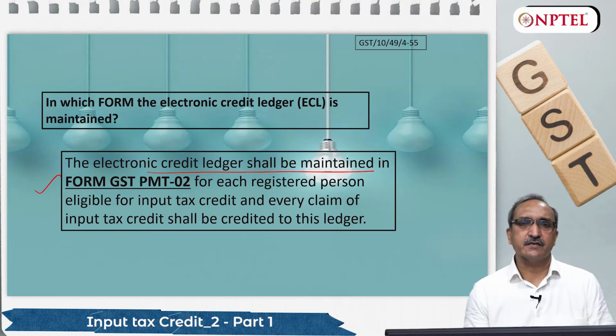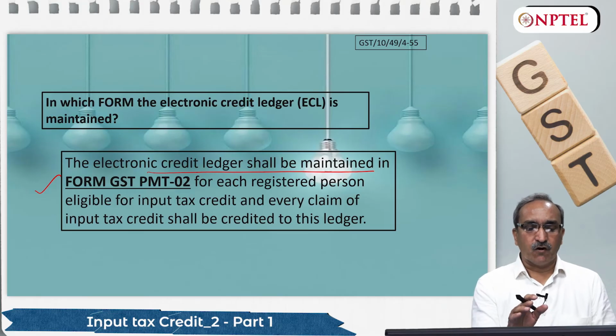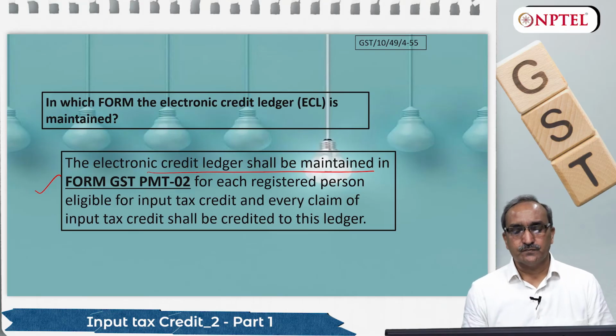The format is given there; it is a prescribed format. As I told you, in case of invoices there is no prescribed invoice format, but the law mentions what information is to be carried by your invoices. But here, the electronic credit ledger must be maintained in the prescribed format, and the format name is PMT 02.